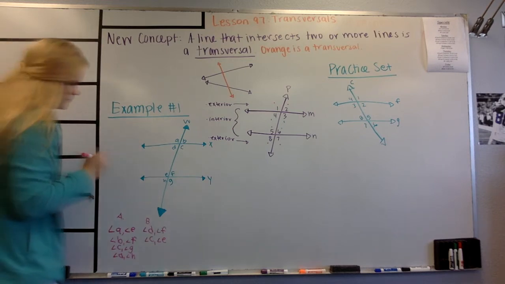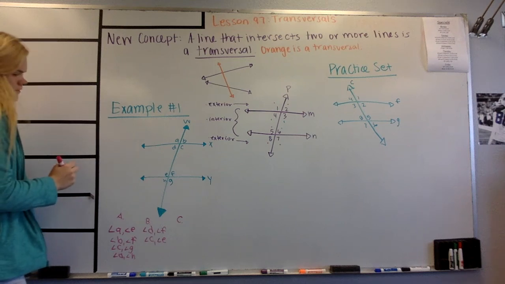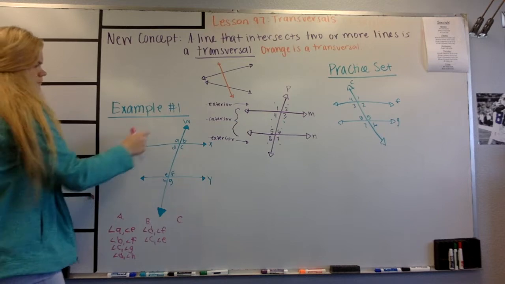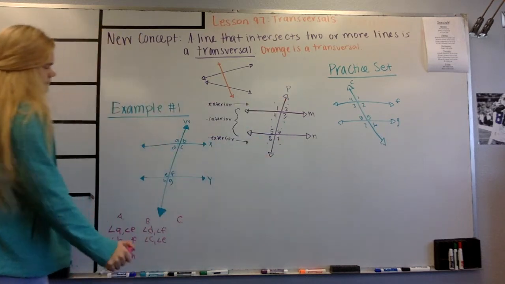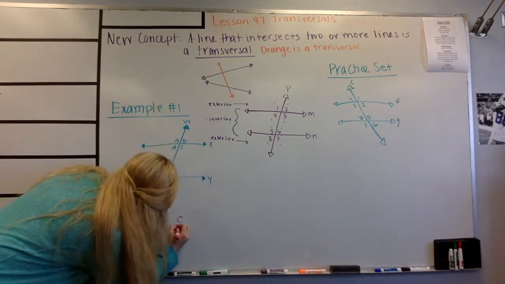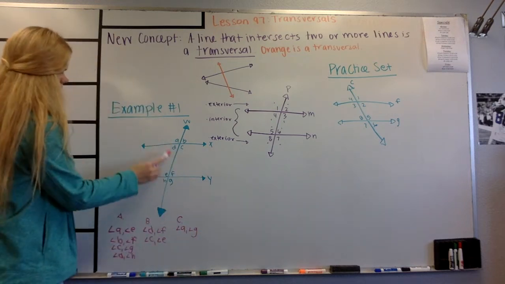All right, and then C, it asks us for name the pairs of alternating exterior angles. Again, alternating means opposite, okay? So exterior, perfect. So we have angle A and angle G. We've got on the left and on the right.